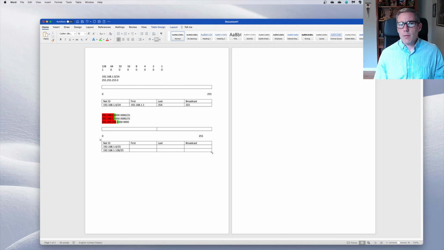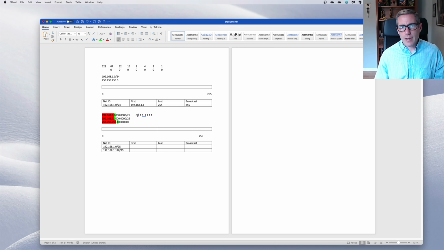So to figure out the broadcast, we take this binary section right here, and it is all zeros. We're going to make all of the host bits 1s: 1, 1, 1, do a double space, 1, 1, 1, 1. And we just put these numbers up here. That's our broadcast.